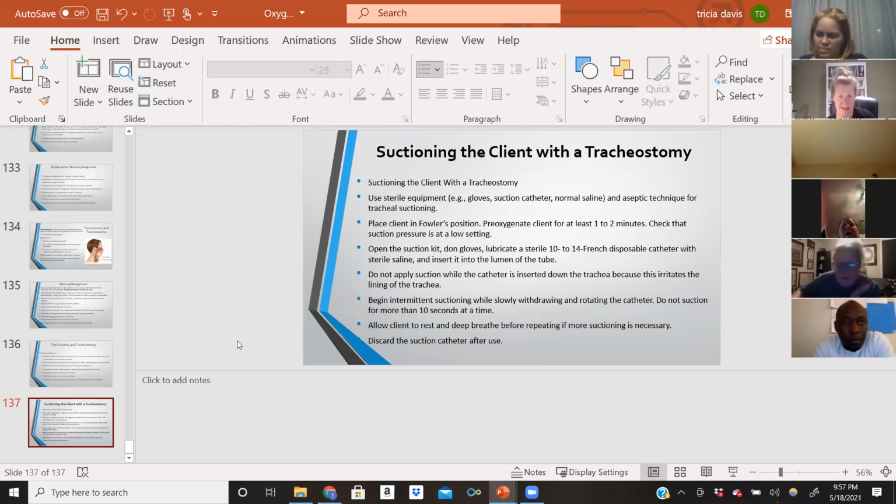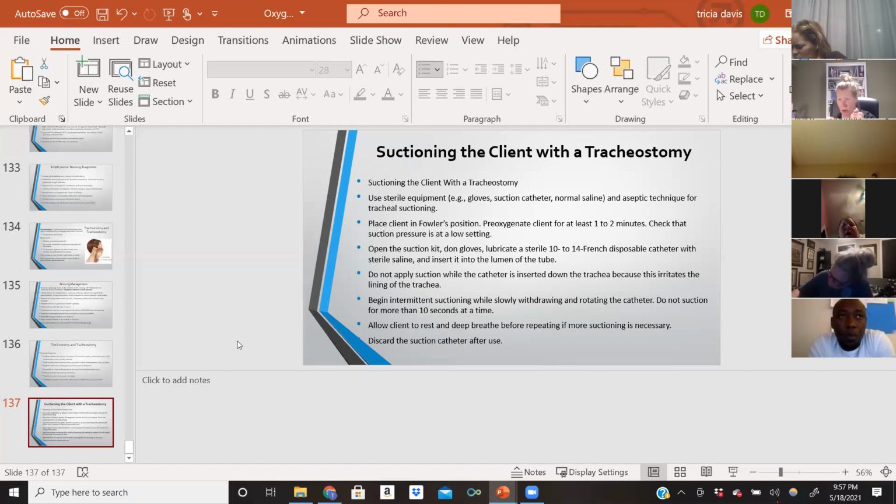You never apply suction when the catheter is going down the trachea, because it's going to irritate the lining of the trachea. So you insert it down the trachea, you go until you meet resistance or the patient starts to cough. Then you move the catheter in a circular motion as you're pulling it back out of the lumen while applying intermittent pressure.